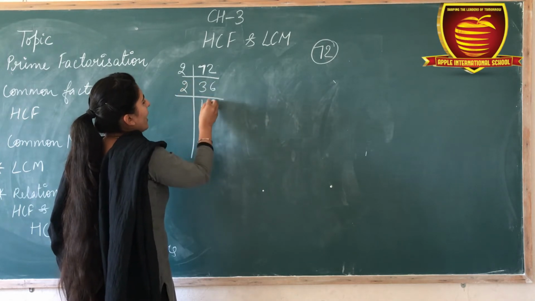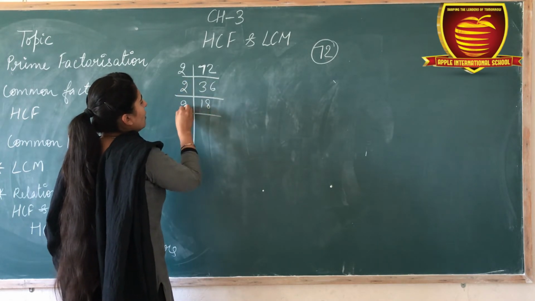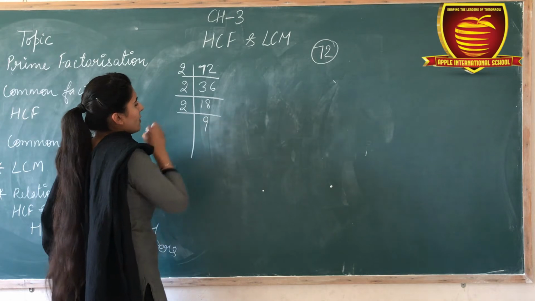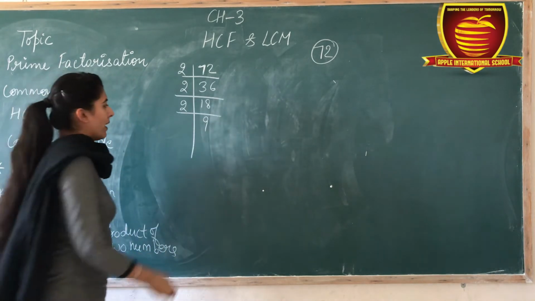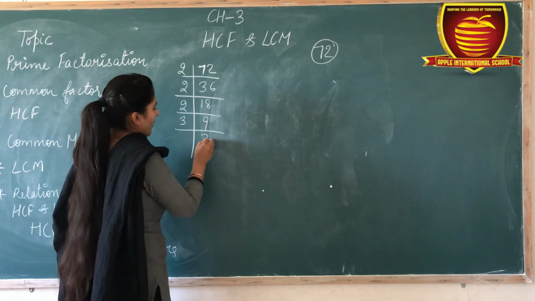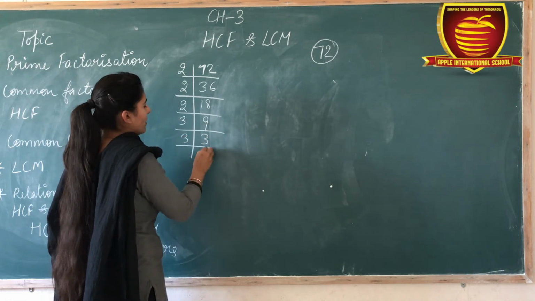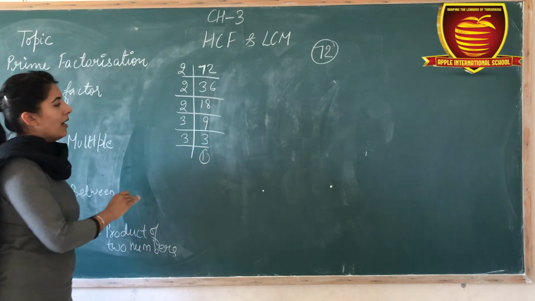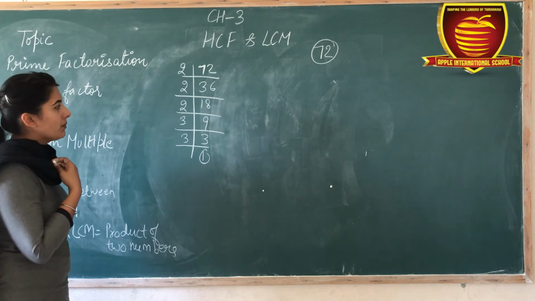Further, 2 eighteens are 36, then 2 nines are 18. Now is 9 divisible by 2? No. So 9 is divided by the next number, that is 3. 3 threes are 9, and 3 ones are 3. So this is the prime factorization.